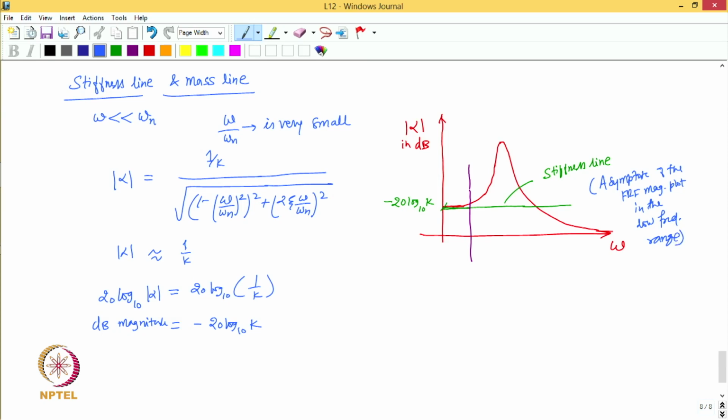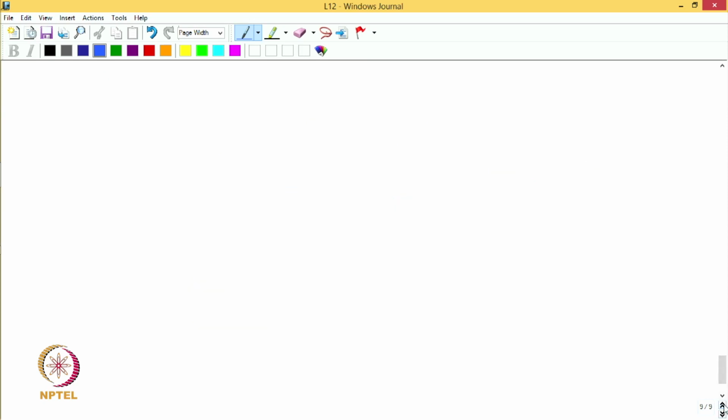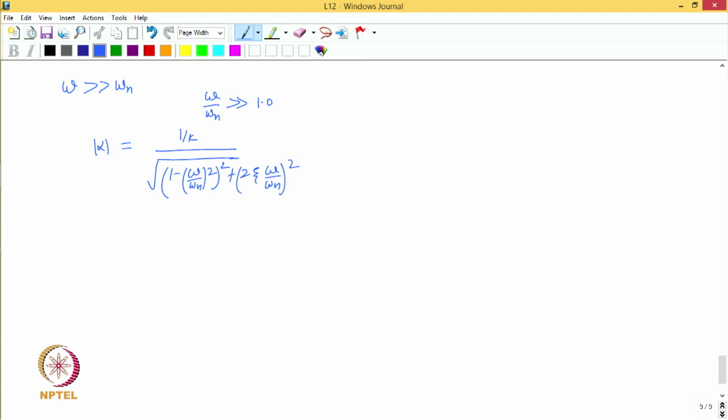Let us now study what happens in the high frequency range. In the high frequency range, omega is much larger than the natural frequency, which means omega upon omega n is much larger than 1, a very large value. The magnitude of the FRF is 1 by k divided by the square root of 1 minus omega upon omega n square, whole square, plus 2 zeta omega upon omega n square.